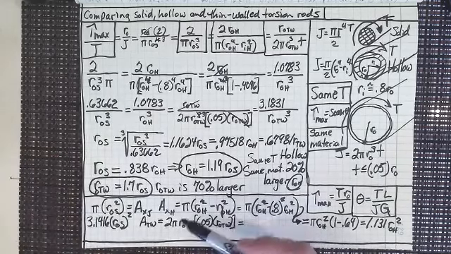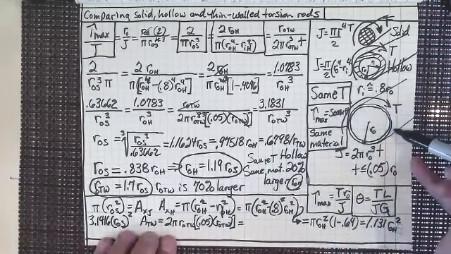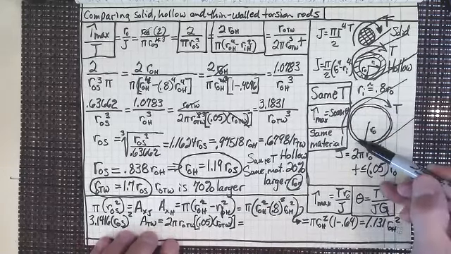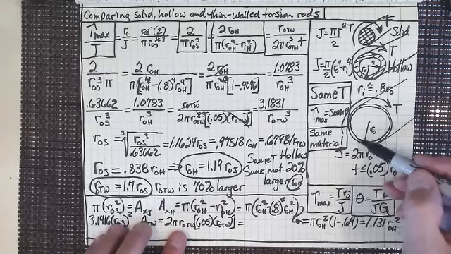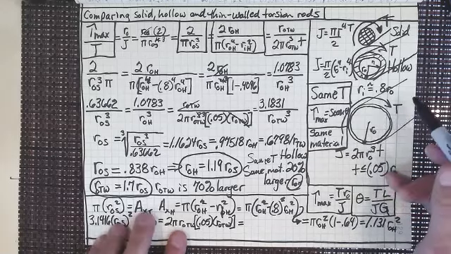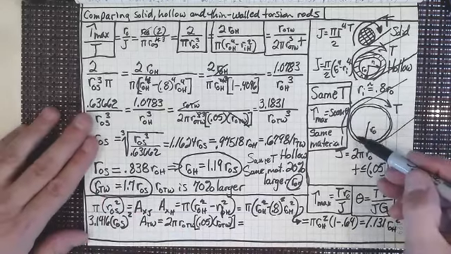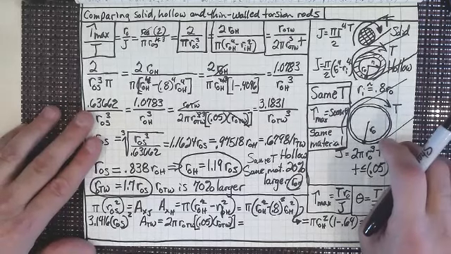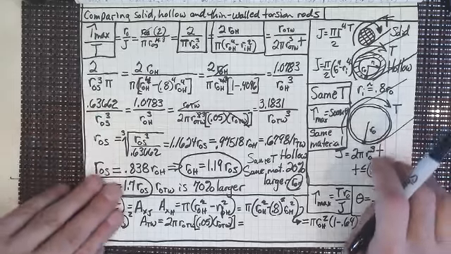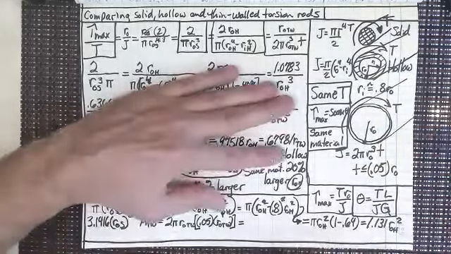So 2 pi r is the circumference, and basically what we're doing is cutting it down and folding it out, and we're saying it's just a circumference times a rectangle, right? So one side of the rectangle is the circumference, and the other side is the length. Anyway, you get what I mean.